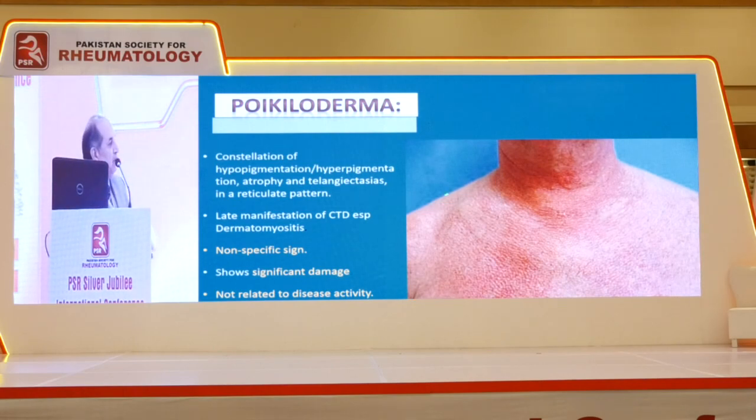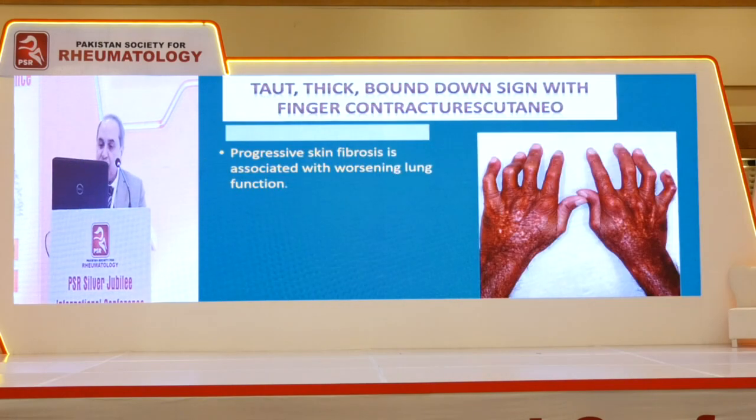So poikiloderma may be the initial presentation of a patient with dermatomyositis. Although there are many other differentials of this poikiloderma, like cutaneous T-cell lymphoma, radiodermatitis, even lichen planus, considering the whole scenario of the patient, it can be the initial manifestation of dermatomyositis.